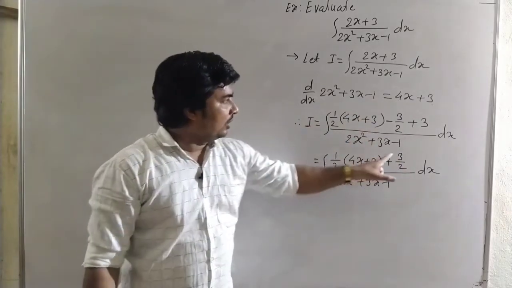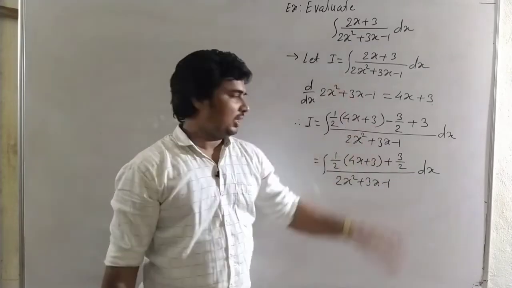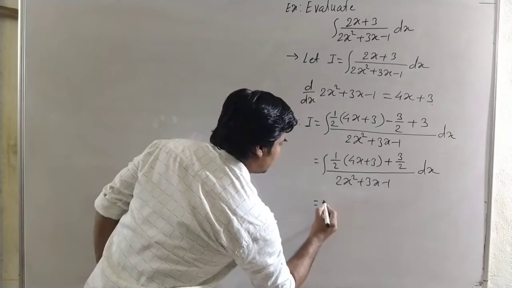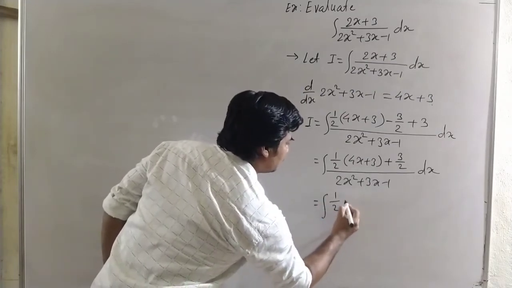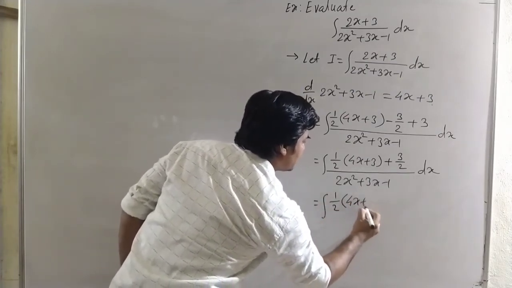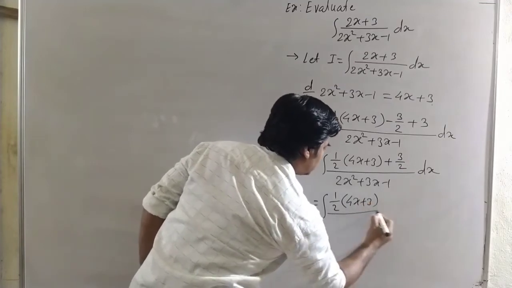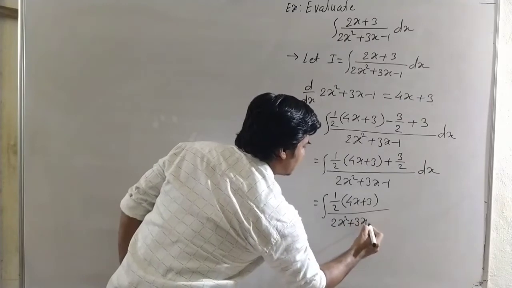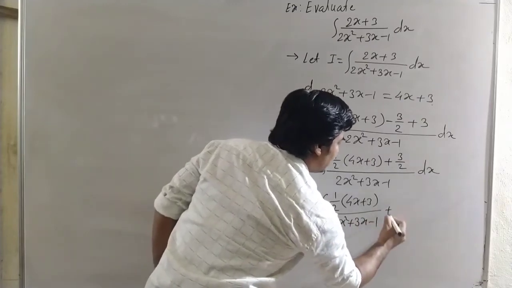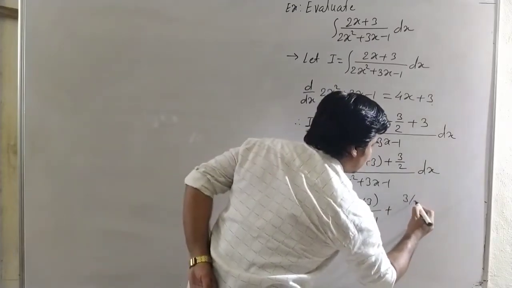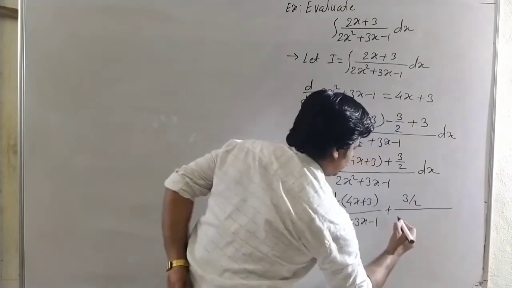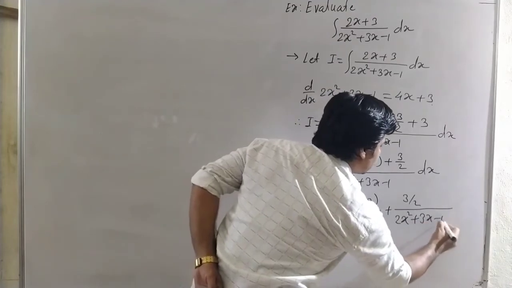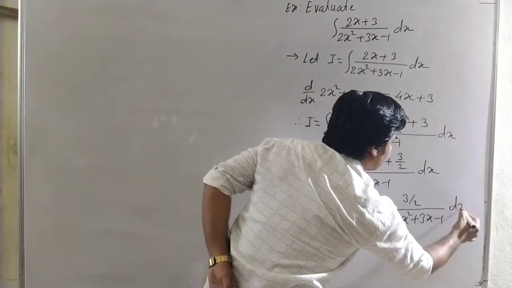A is equal to 1 by 2 and b is equal to 3 by 2. Now these two terms, separate the denominator. Therefore, 1 by 2 into (4x plus 3) upon (2x square plus 3x minus 1), plus 3 by 2 into 1 upon (2x square plus 3x minus 1) dx.